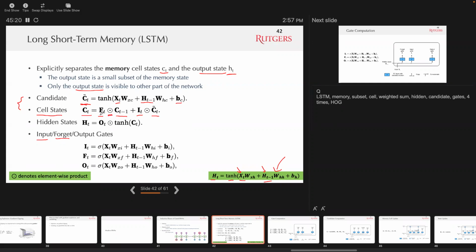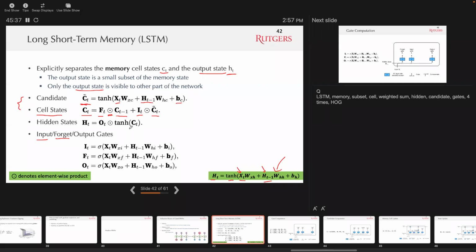So basically, what this says is that the forget gate is going to control the weight of the previous cell state, C_{t-1}, every entry of it, because it's an element-wise gate.